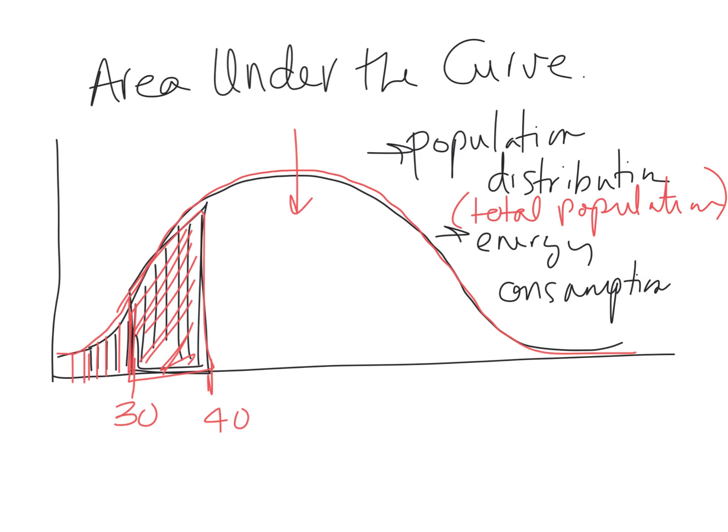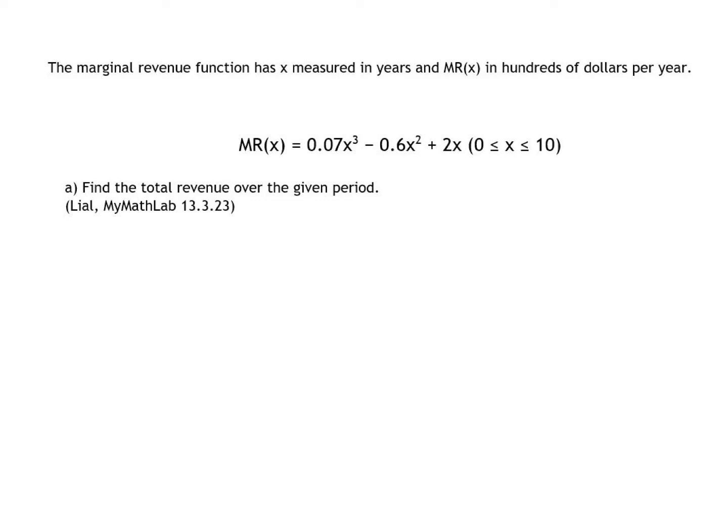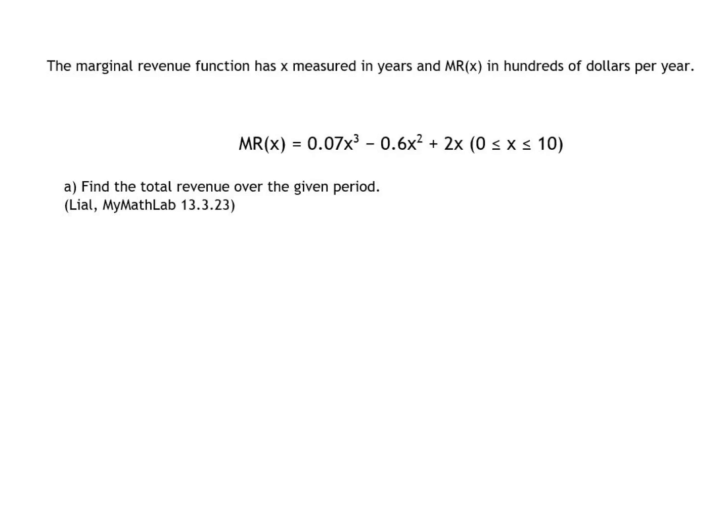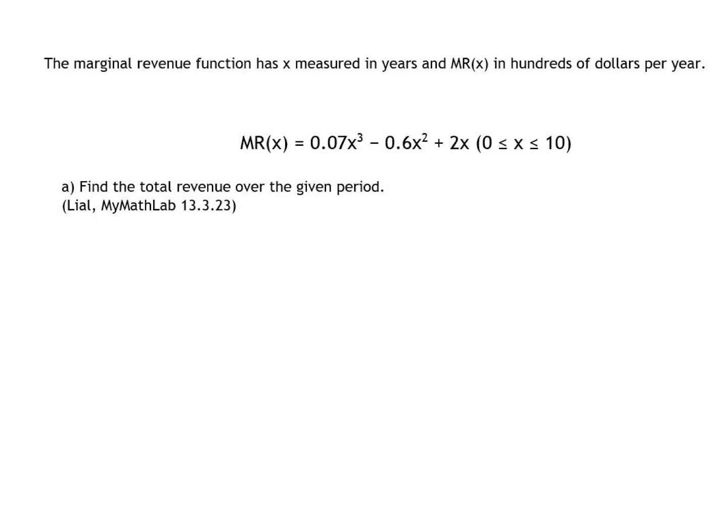Okay, let's go into a function. Here's a function, and it says this is the marginal revenue function. It's measured in years, X years, and it is given in hundreds of dollars per year.